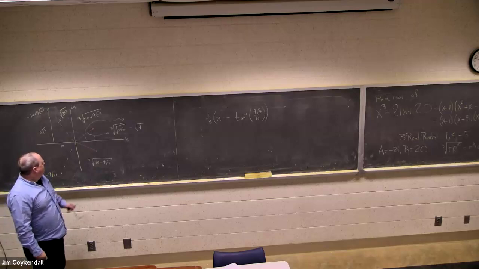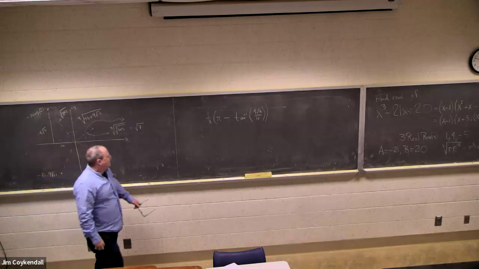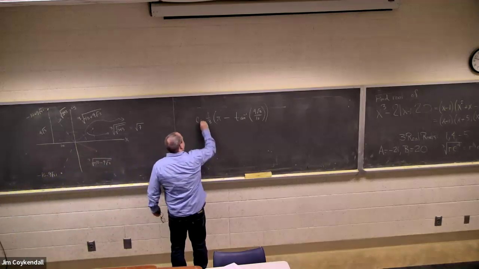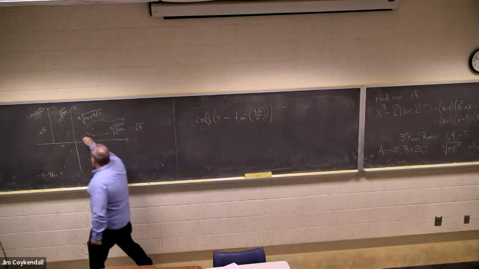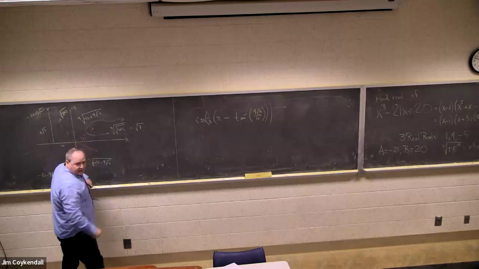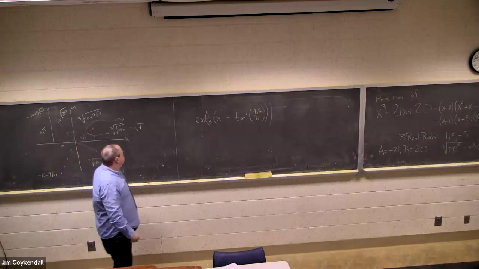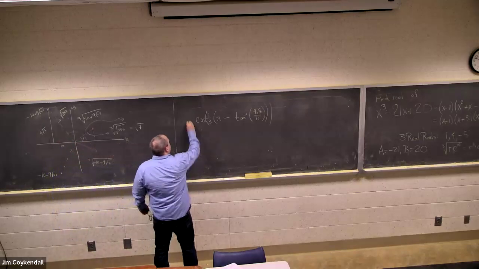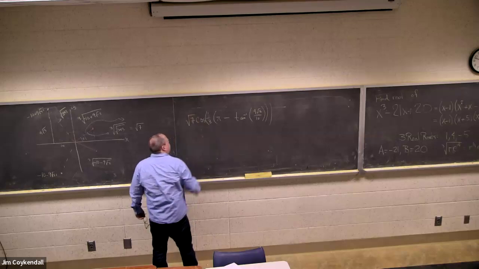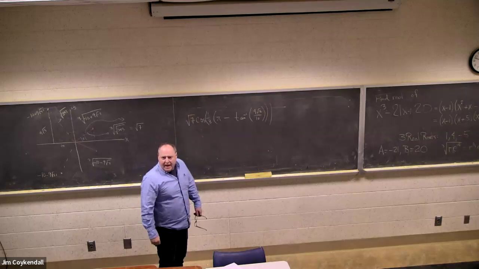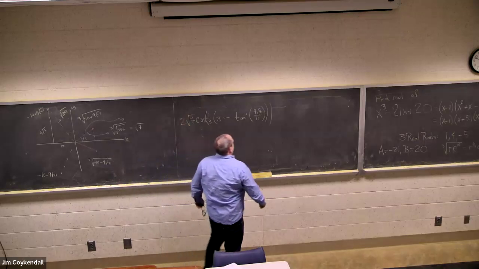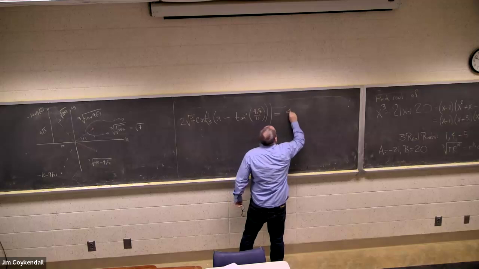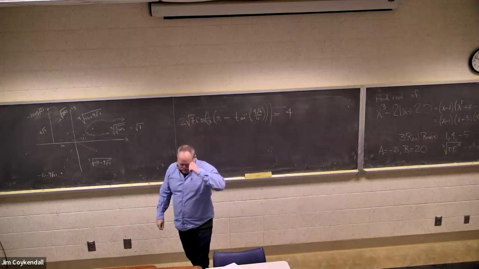So this x coordinate here should be cosine of this angle that I got by taking a third of this angle, multiplied by radical 7, and then multiplied by 2, because you add up two of these things. And the answer is 4.